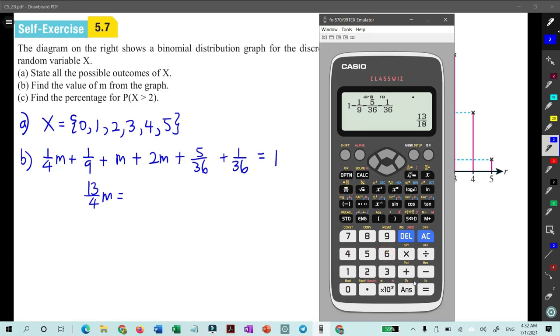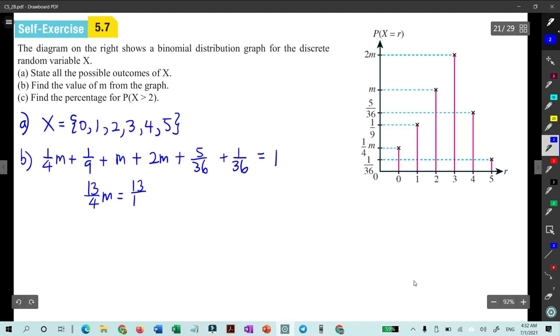Okay, the answer is 13 over 18. So therefore the value of m should be 4 over 18. Okay, we can simply cancel out the 13, and the final value of m is actually 2 over 9.